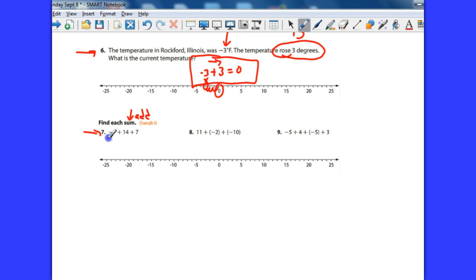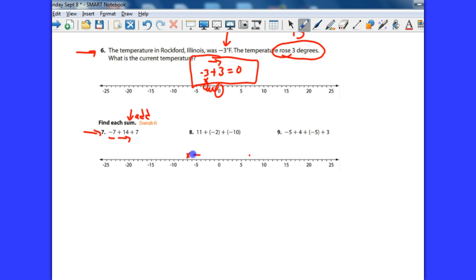Okay, so it starts at negative 7. So we're going to start at negative 7. There's 0. Go to negative 7. There's negative 7. And then it says go plus 14. Okay, so we're going to go to the right 14 spaces. So I'm going to count 14 over. 1, 2, 3, 4, 5, 6, 7, 8, 9, 10, 11, 12, 14 takes me right there.